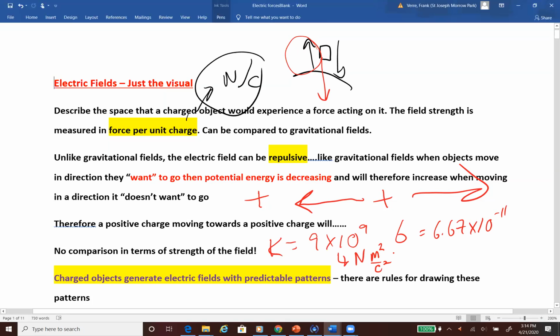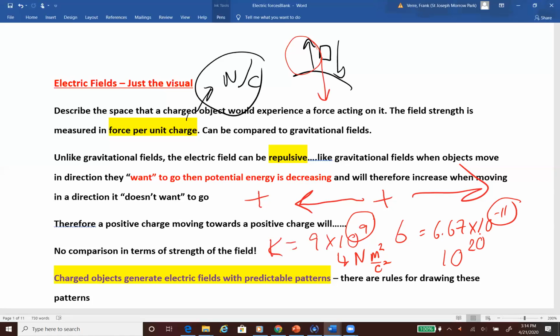What's really cool is the difference in the exponents is of the order 10 to the 20, which shows you just how much stronger the electric field is relative to the gravitational field.